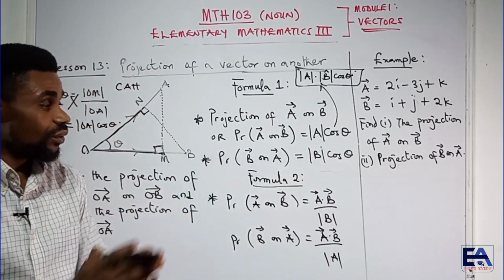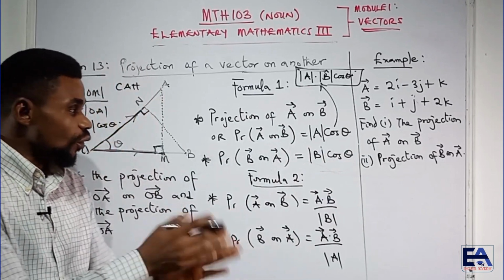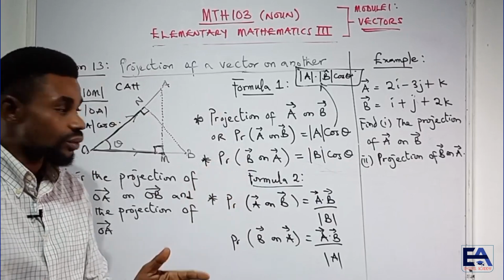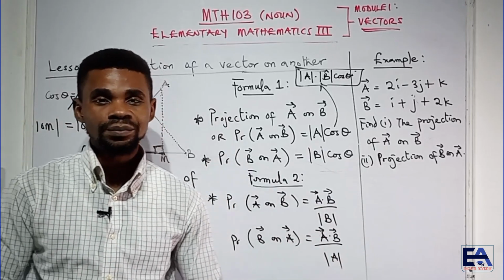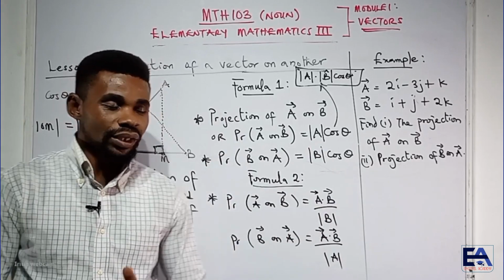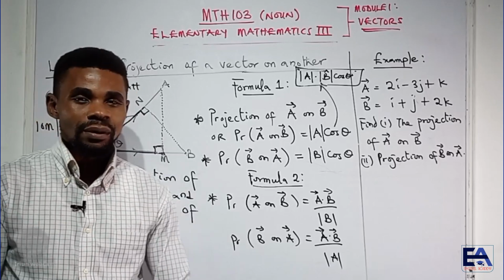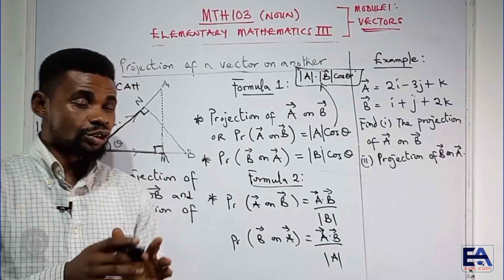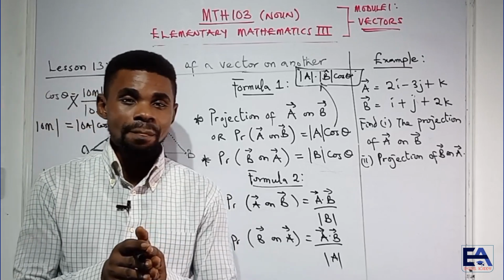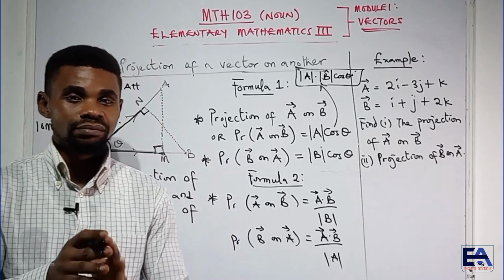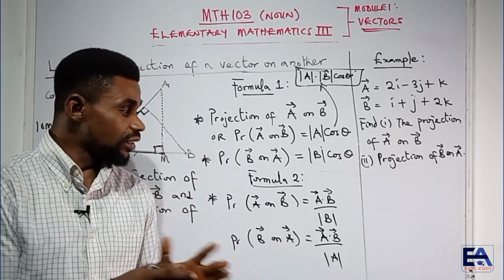So what is projecting on the other is what we take the magnitude of, then multiply by the cosine of the angle between the two of them, and then you are good to go. You see that? In your examination, in case you don't have a calculator, you should know the fundamental values of the angles of some of these vectors.